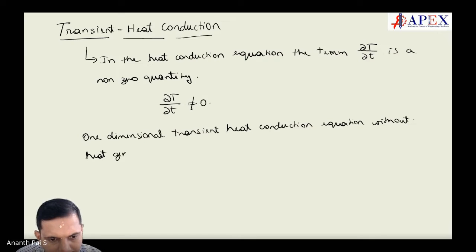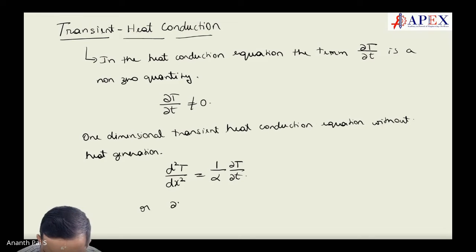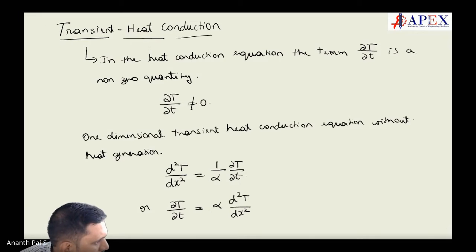If you see, that would be d square T by dx square equal to 1 by alpha dou T by dou t, or dou T by dou t is equal to alpha into d square T by dx square. Agree?